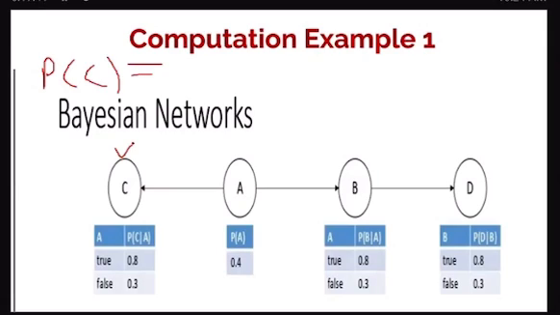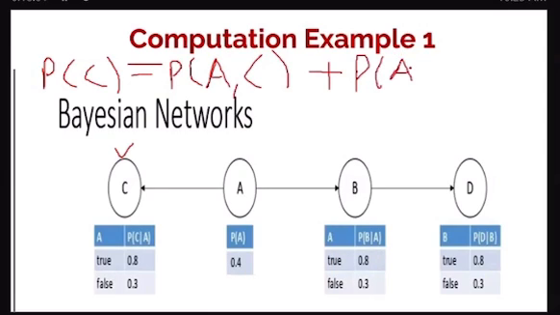Now, if I want to find the probability of C, because C is coming from A, I'm actually going to have the probability of A, comma, C, plus the probability of A complement, comma, C. Does that make sense? That is what we call total probability.